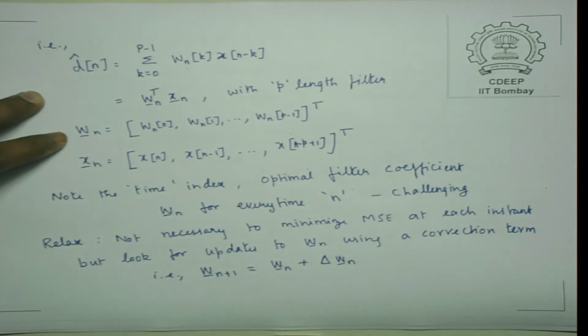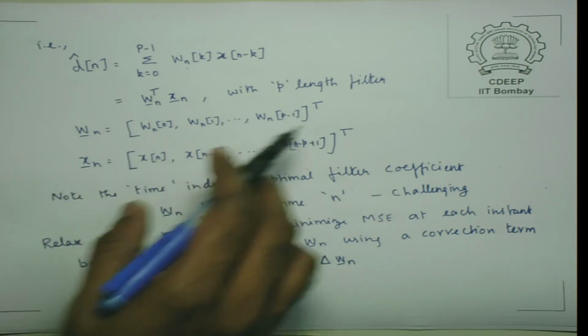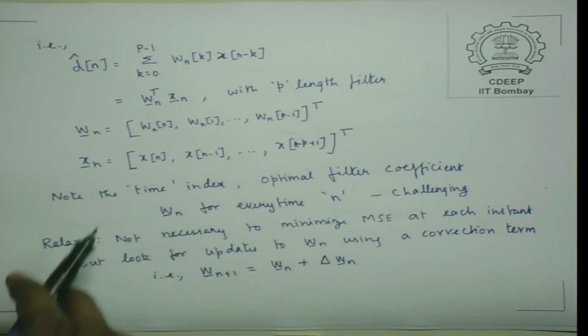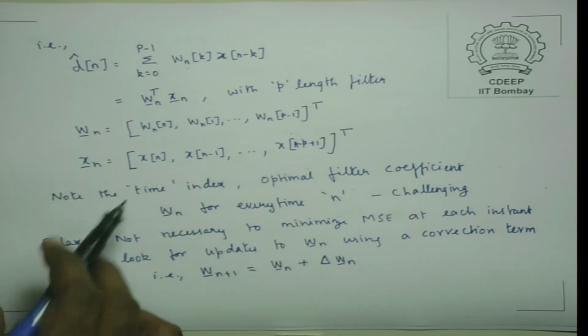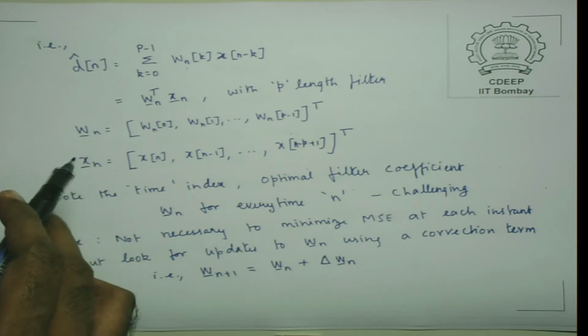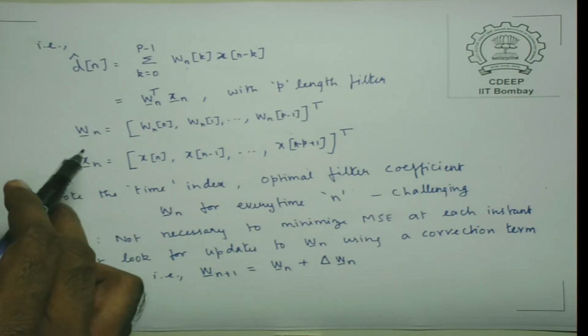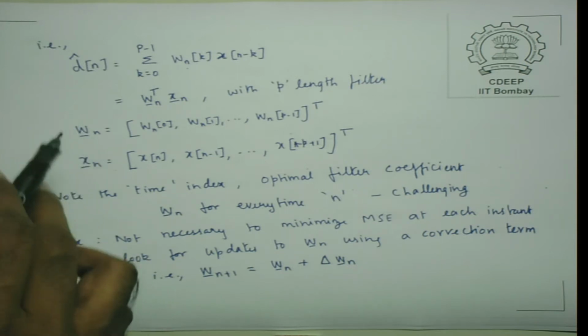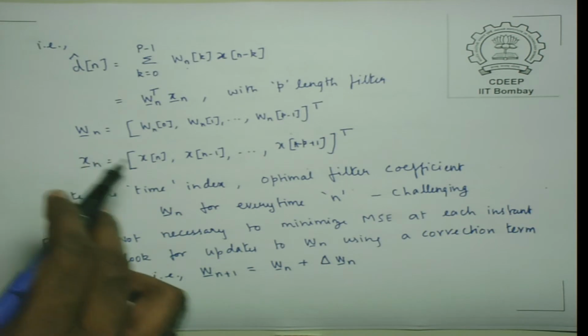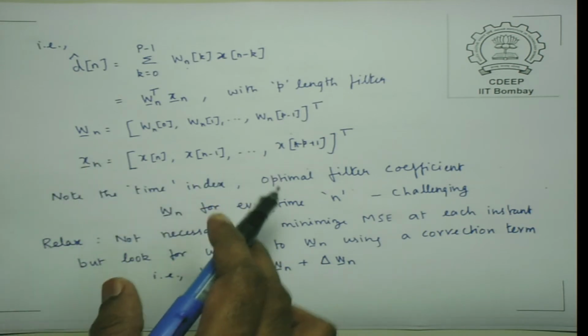If it is a length P filter, we have P coefficients, and the input correspondingly is also length P, right. This time index has been introduced to indicate that this could be time varying. If it happens to be a wide-sense stationary system with inputs and desired signal, then one would expect this Wn to be the optimal filter at every time instant n, right.